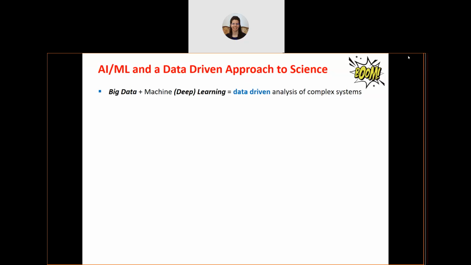Of course, the improvements in availability of data, in computational capacity, and in machine learning algorithms, in particular deep learning, have turned this kind of data-driven analysis of complex systems into the default approach to doing things.